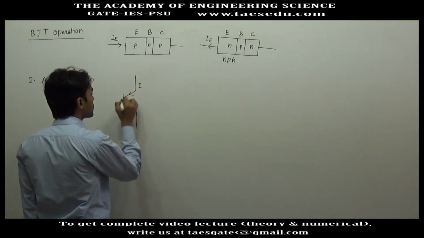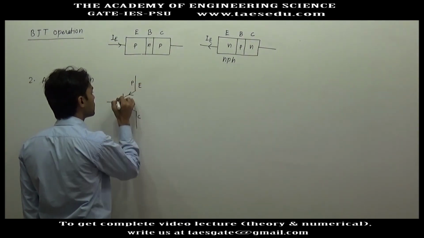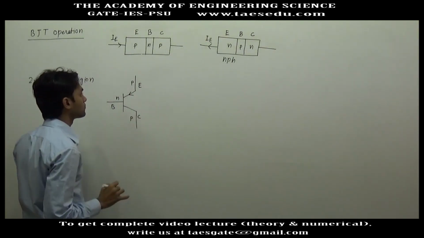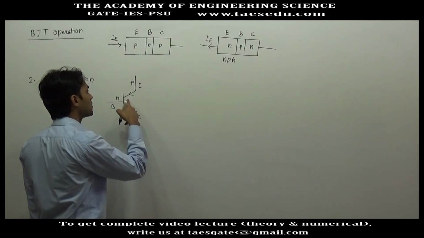This is emitter, base, collector. Emitter is P type, base is N type, collector is P type. So base emitter junction must be forward biased.